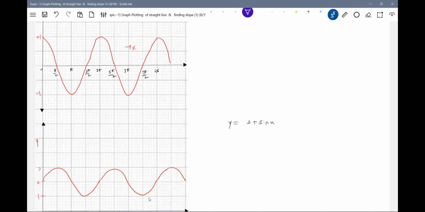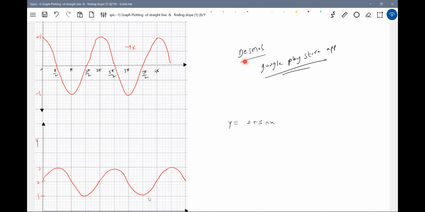I suggest everyone, you can go for Desmos. It's on the Google Play Store. Take help of that. You type any equation, it will show the corresponding graph. It will show the values. Learning will be very easy for you.